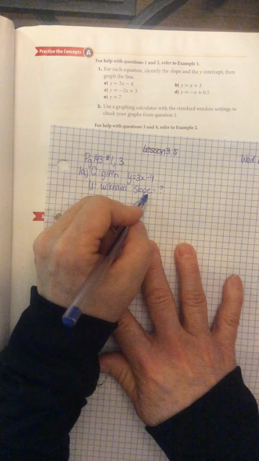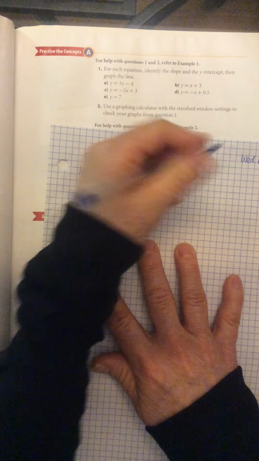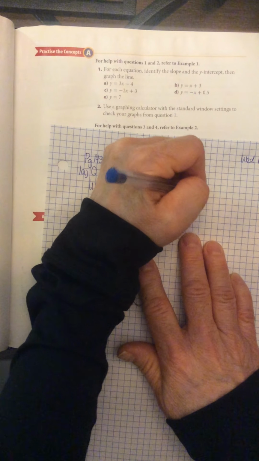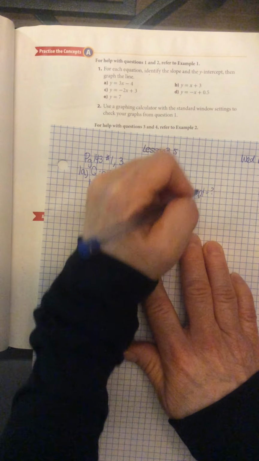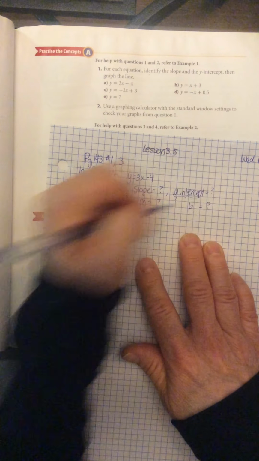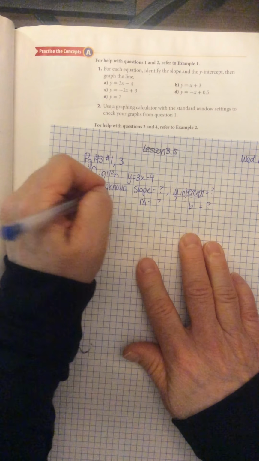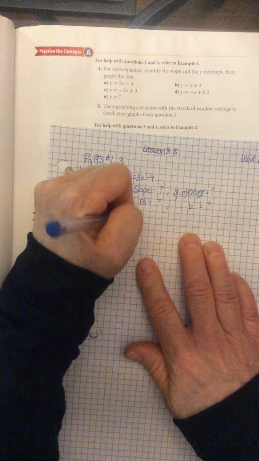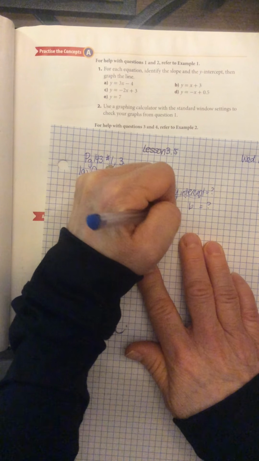Now we know that slope is the same as m, okay, and the y-intercept equals the question mark. We know that the y-intercept is the same as the b value, okay? We want to then graph the line, okay? So we want to find the slope, the y-intercept, and then graph the line.